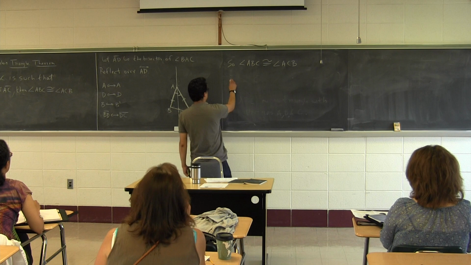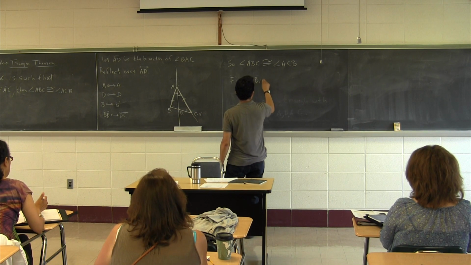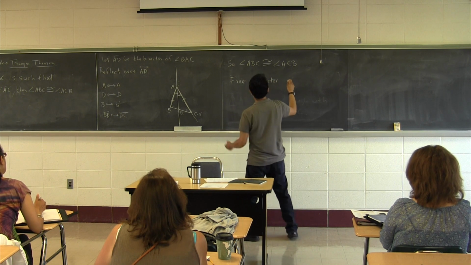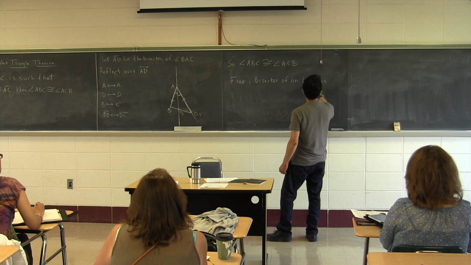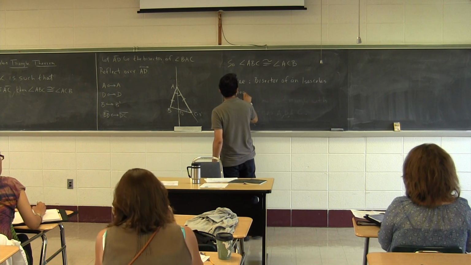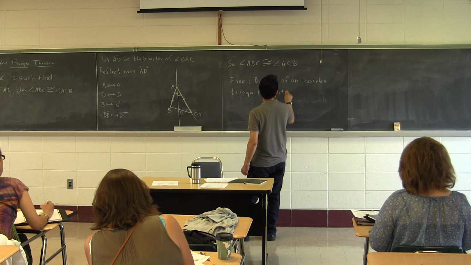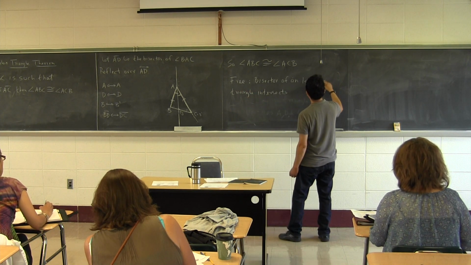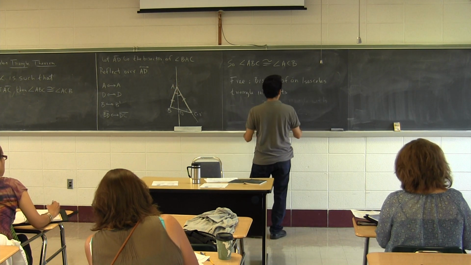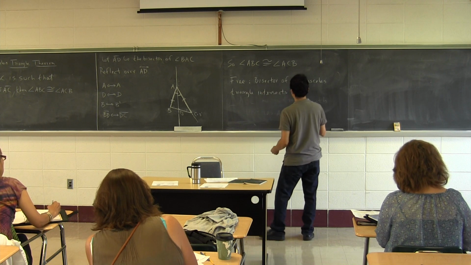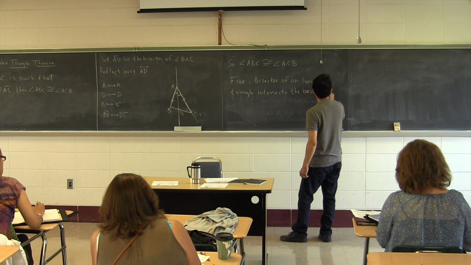So it's so cool. So for free we get that the bisector of an isosceles triangle, the bisector at this angle, right? Intersects the base, okay, at the midpoint.